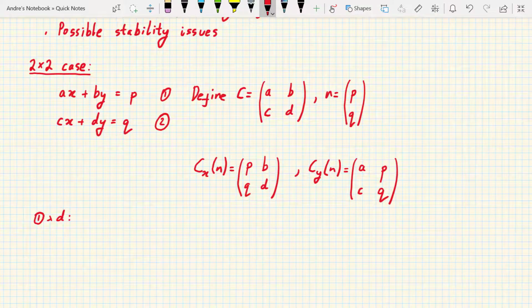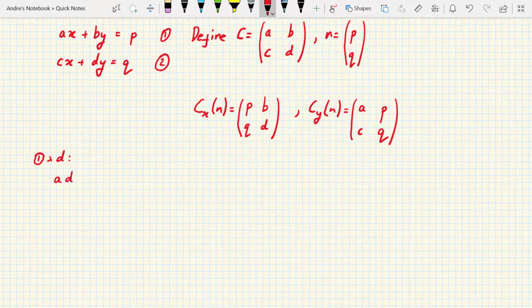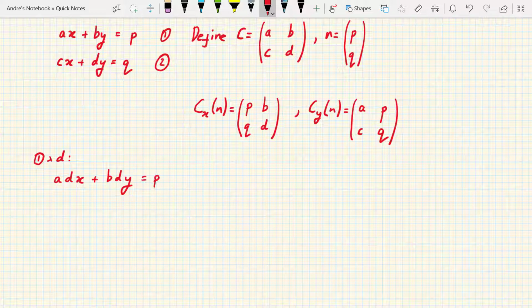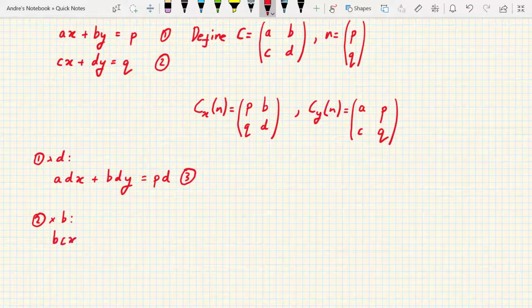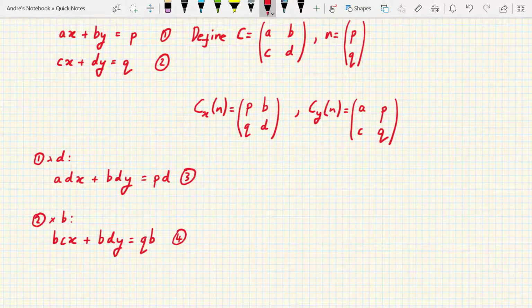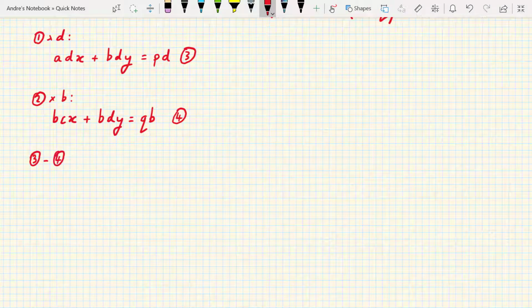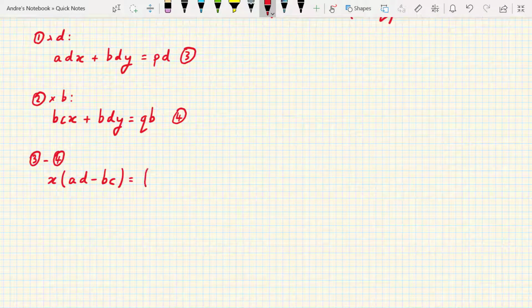Now we multiply equation 1 by D and equation 2 by B to give ADX plus BDY equals PD, and BCX plus BDY equals QB. Subtracting 4 from 3 gives x into AD minus BC equals PD minus QB.